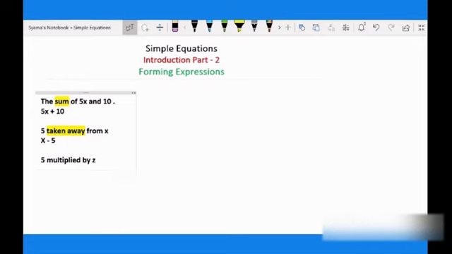So we can easily guess it. Multiplied is nothing but multiplication. So we can write this statement as 5 into z.